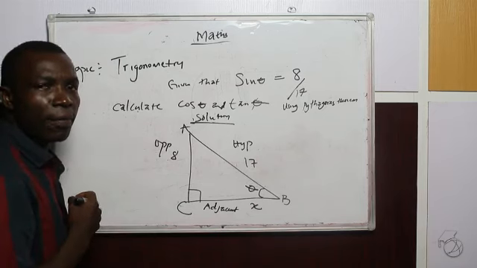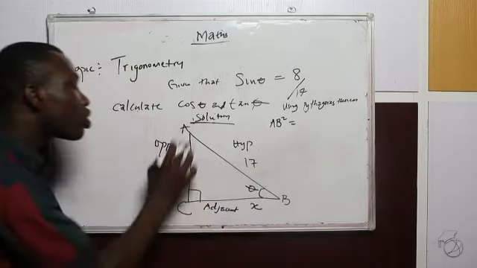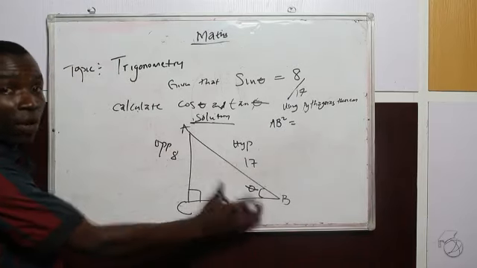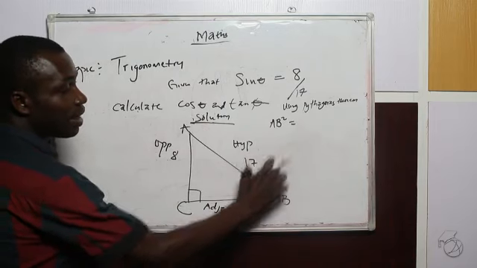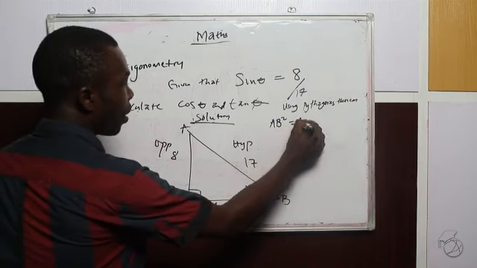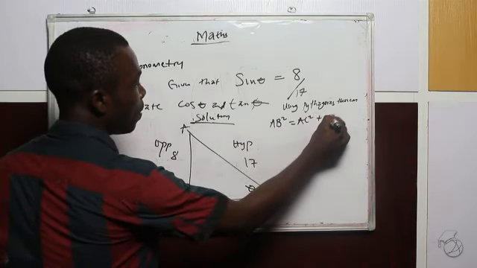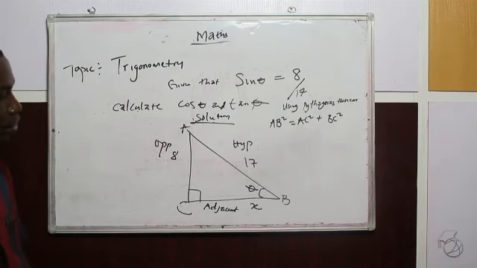Remember, Pythagoras said AB squared, that is the hypotenuse side, is equal to the sum of the squares of the two other sides of the triangle. Therefore, we have AC squared plus BC squared. What is our AB squared?